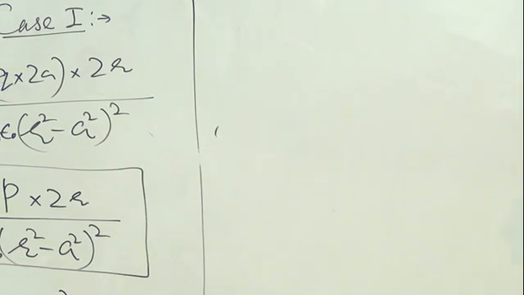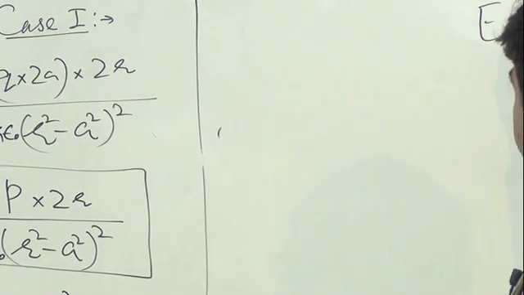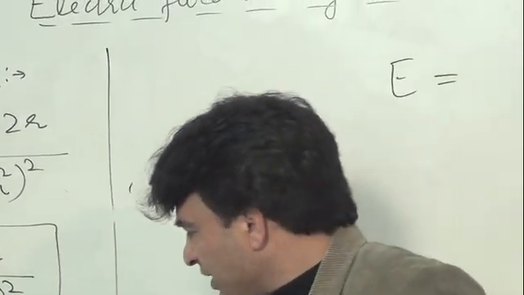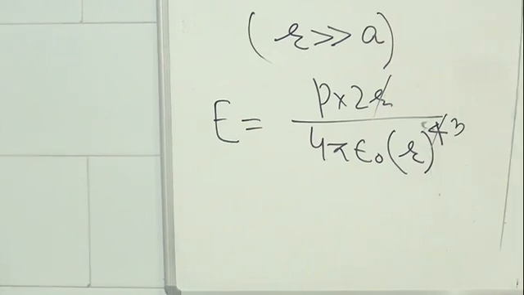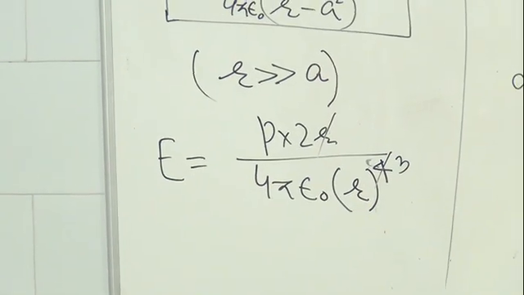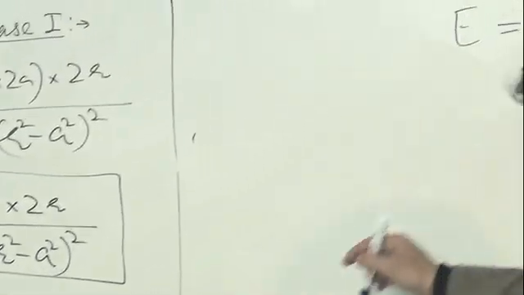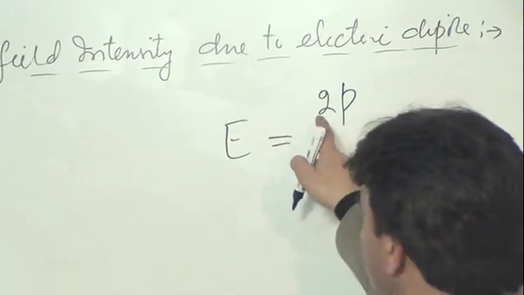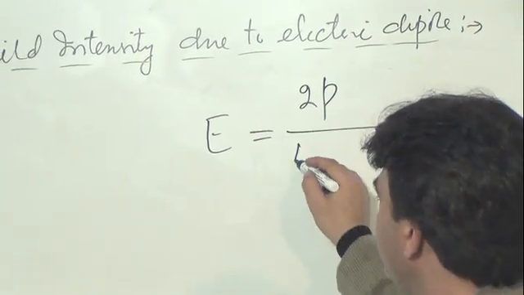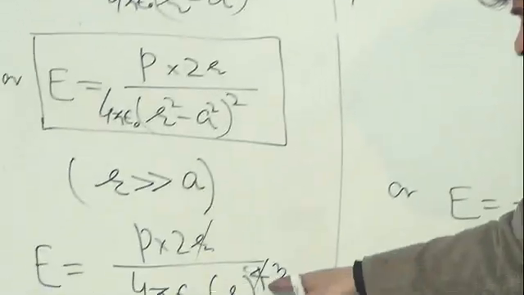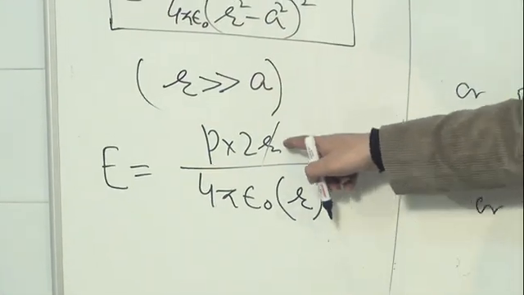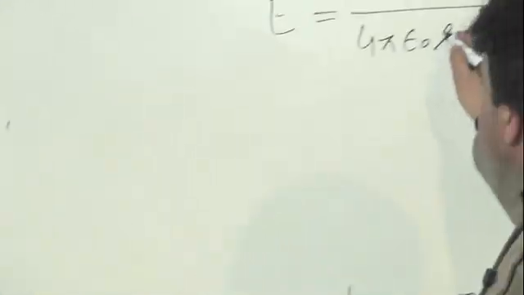Or I can say E is equal to, 1 R, and out of the 4, 1 will get cancelled, it remains 3. That means the final expression will be P into 2R. I will write it as 2P divided by 4 pi epsilon naught R raised to power 4. Out of that, 1 will get cancelled, it remains R raised to power 3.